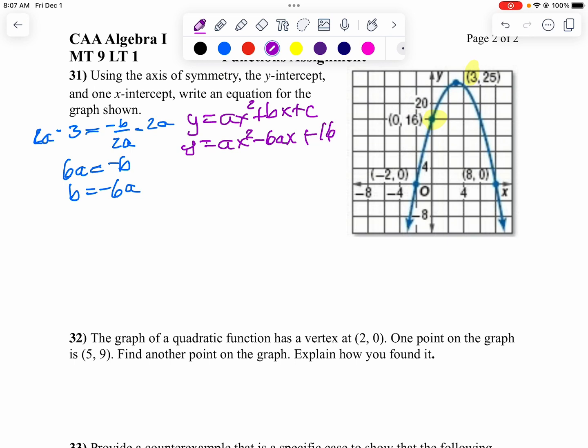Now we're going to put in one of our points. I like the positive point, so I'm going to replace x with 8 and y with 0 to solve for a.